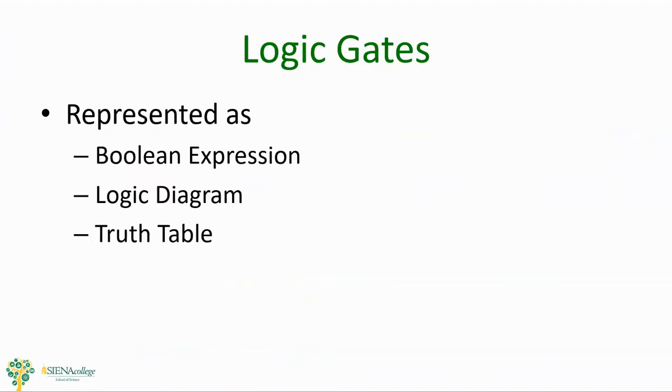Logic gates can be represented as Boolean expressions, which look like algebra. In this case, x is equal to a and b. They can be represented by logic diagrams. Logic diagrams are black and white drawings where gates are distinguished only by their shape.